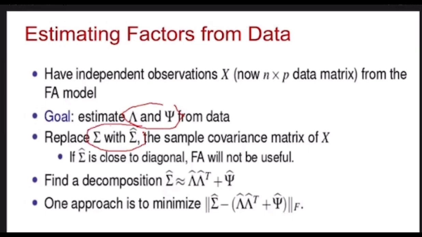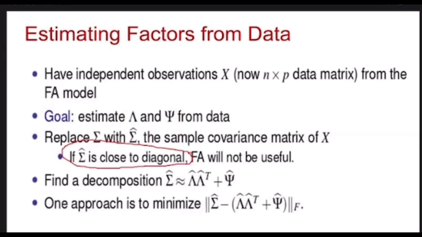Of course, if the sample covariance is close to being diagonal, then the FA will not be useful. I'm going to explain that. If the sample covariance is close to diagonal, the FA will not be useful.